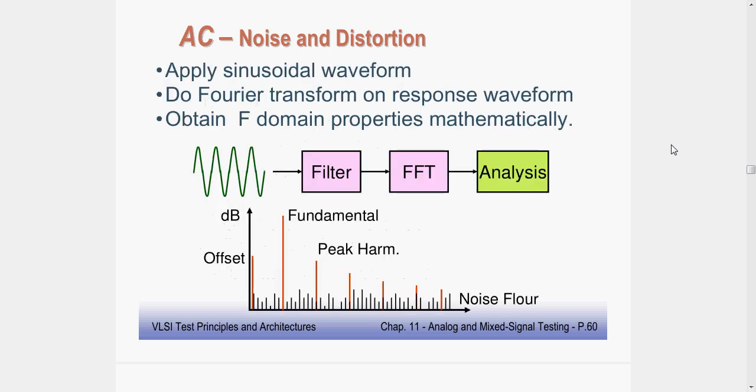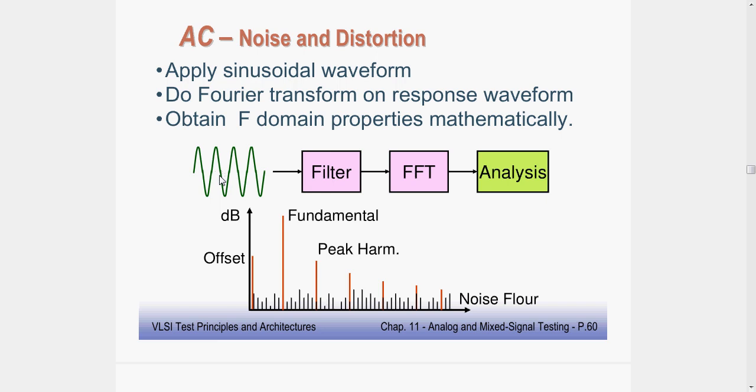So how will you characterize this noise? First, you apply a sinusoidal waveform through a filter, and then you perform a Fourier transform on it. By applying the Fourier transform we get the frequency domain parameters of the circuit. The input you are giving in the time domain is f of t, or x sine omega t.